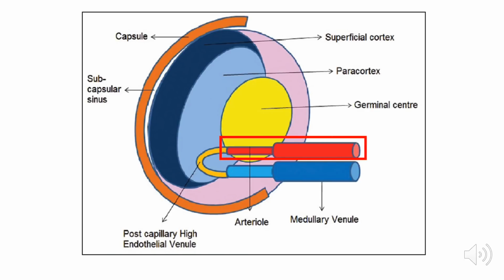This is the arteriole supplying the lymph node. This is the venule. The area where they intersect is called the high endothelial venule. And this will serve as the point of entry of lymphocytes into the lymph nodes.